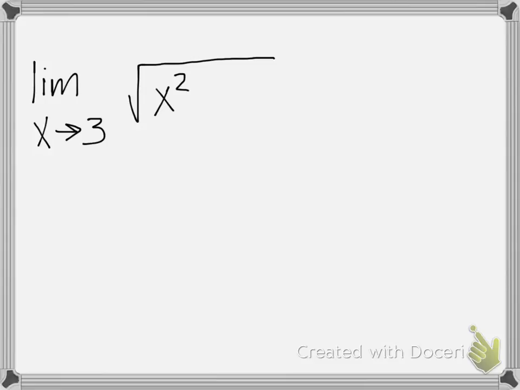So let's just say we have the limit as x goes to 3 of the square root of x squared plus x minus 8.